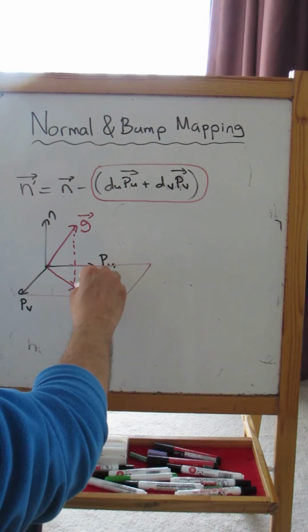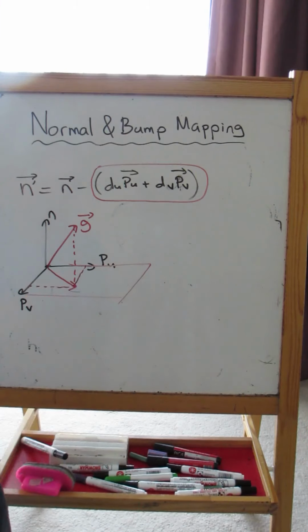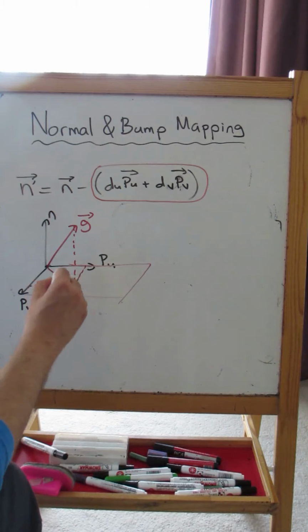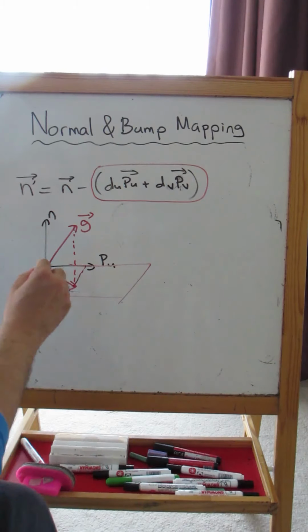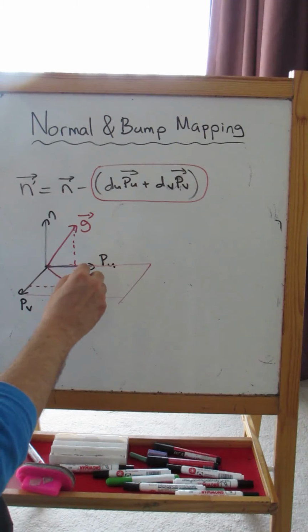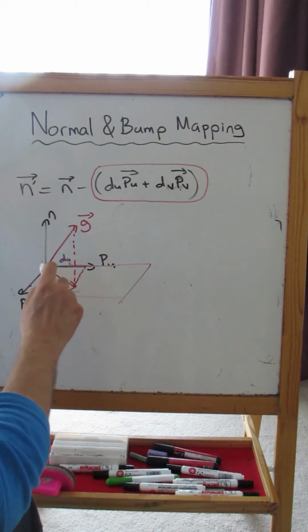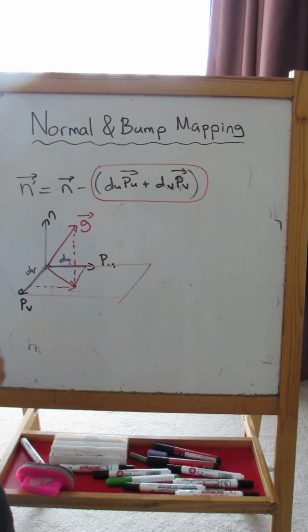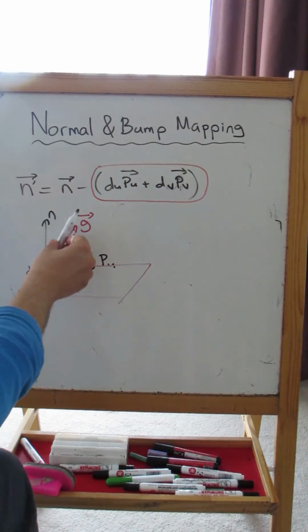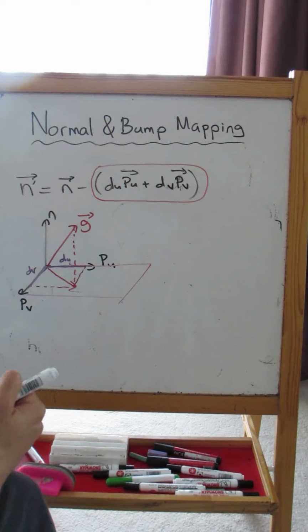Now if you connect this to the axis here, this distance is du, and this distance is dv. So we compute the gradient first, and then we project it onto the tangent plane.